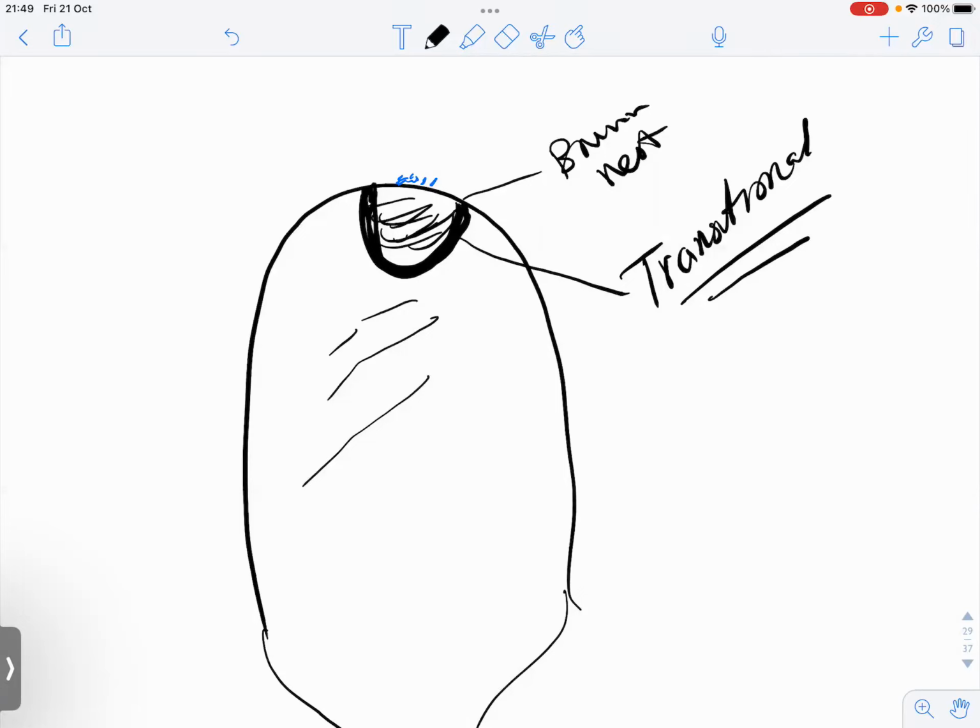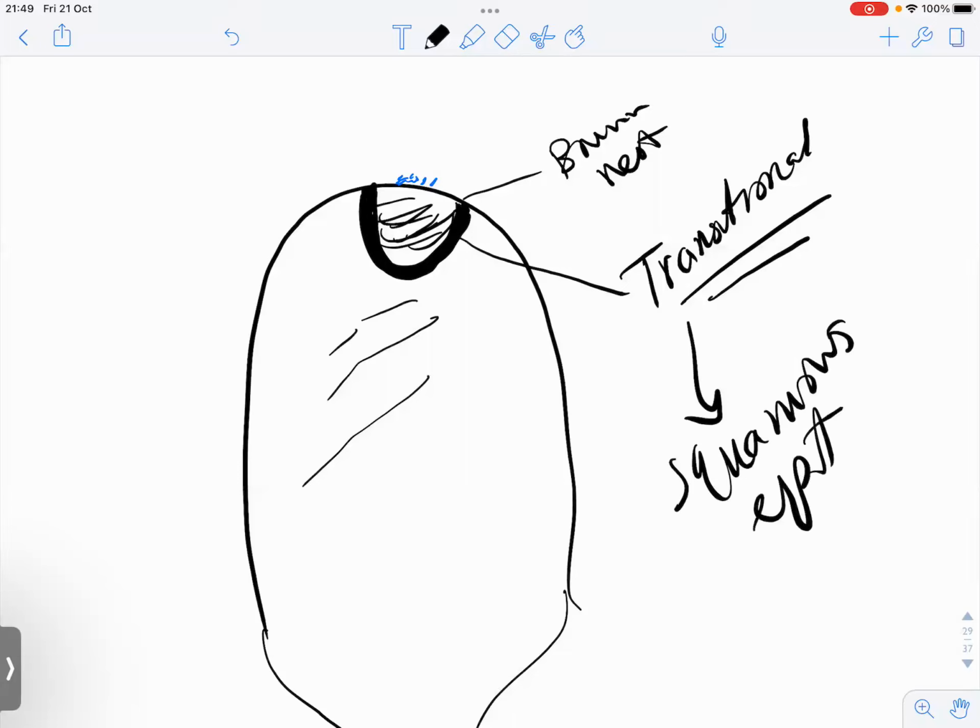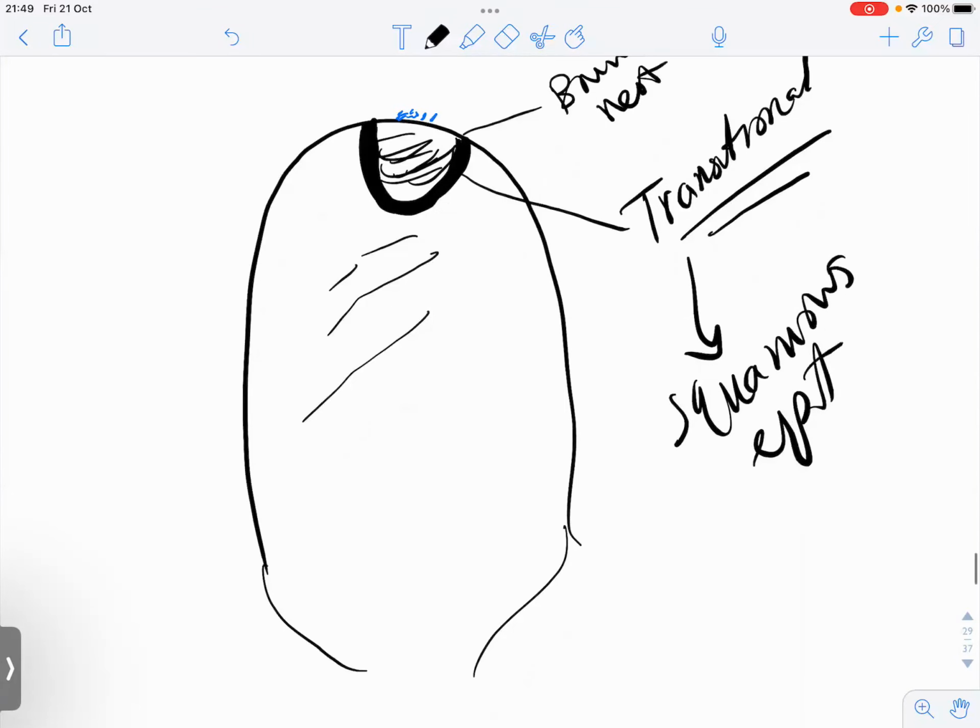So this type of tissue will transform into a squamous epithelium, because it will be irritated for a long time, and the tissue will say, I'm sorry, I cannot face this irritation, so I have to transform into a stronger epithelium.